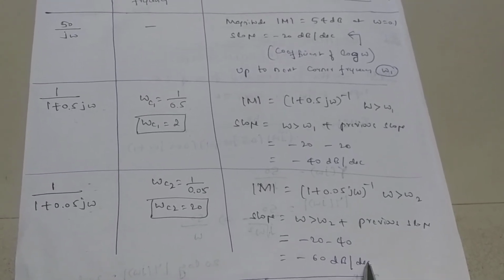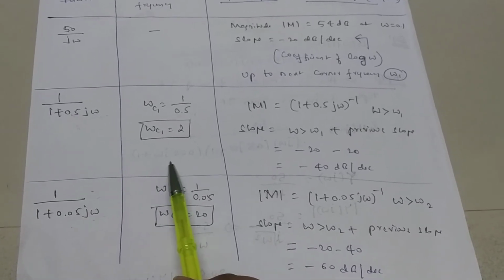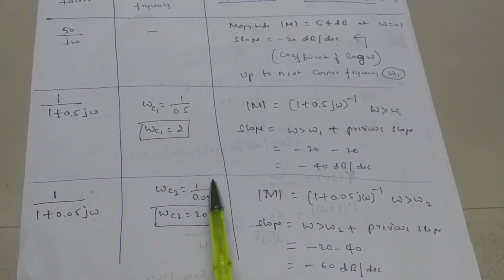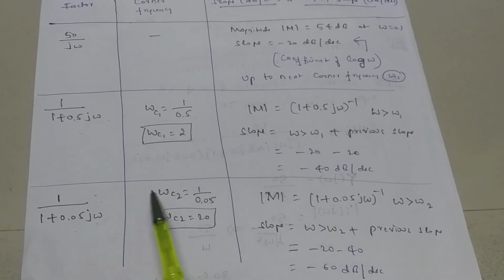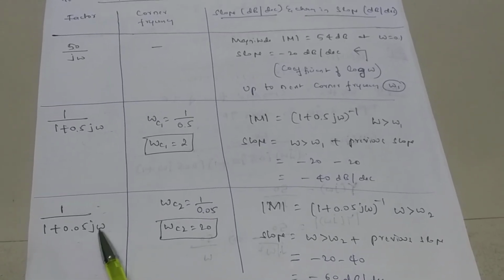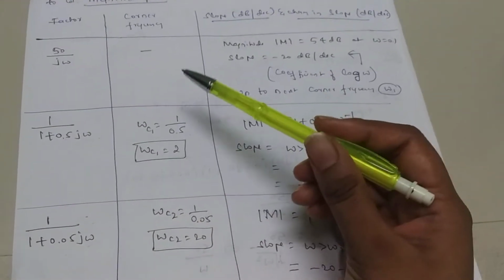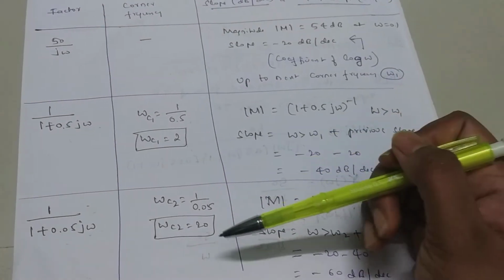Minus 60 dB per decade. Similarly for the corner frequency, it is 1 by 1 plus j omega by omega c2. So j omega by omega c2 means 1 by 0.05, and 1 by 0.05 means 20. So we found the values omega c1 and omega c2.